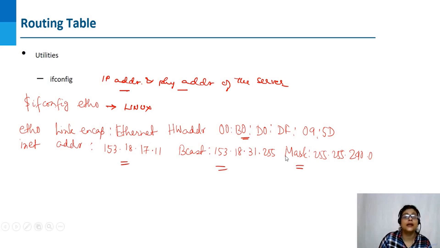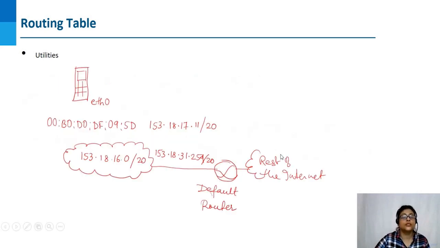So you can get a clear idea about the IP address and physical address of the server. So this is an example. Suppose we have eth0. This is the hardware address, and we have the default router here, which is connected to the rest of the internet, and it basically gives the mask as well as the network address and the interface address.